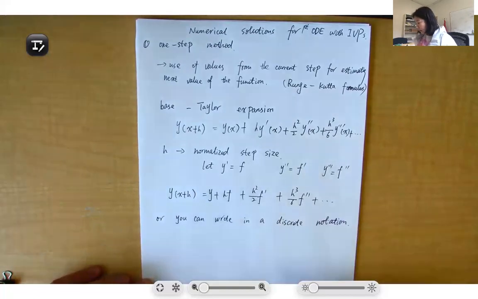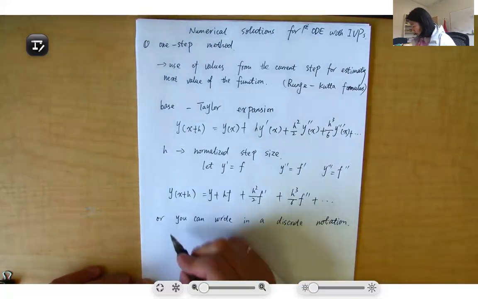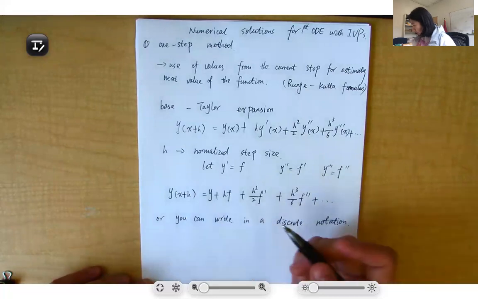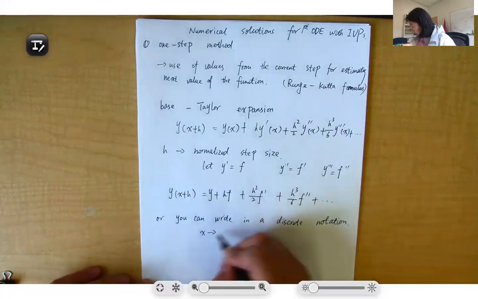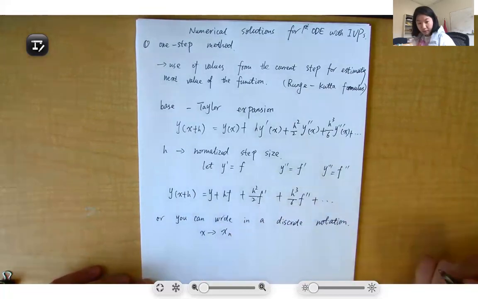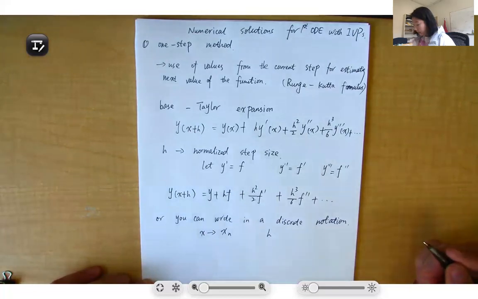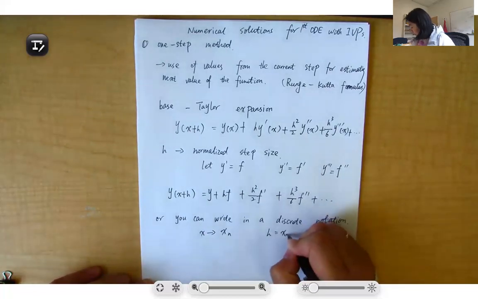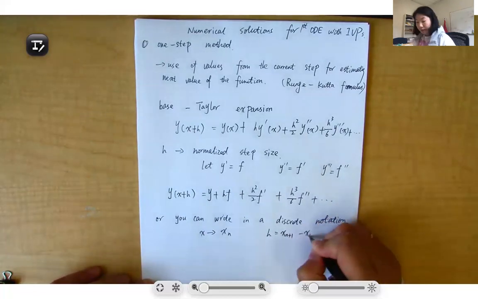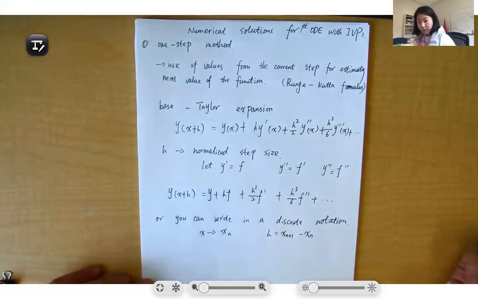Okay, and we know that if that is at step n, the step will be xn, and we know this h, the normalized step size, will be equal to the next step minus the current step, the difference between two steps.